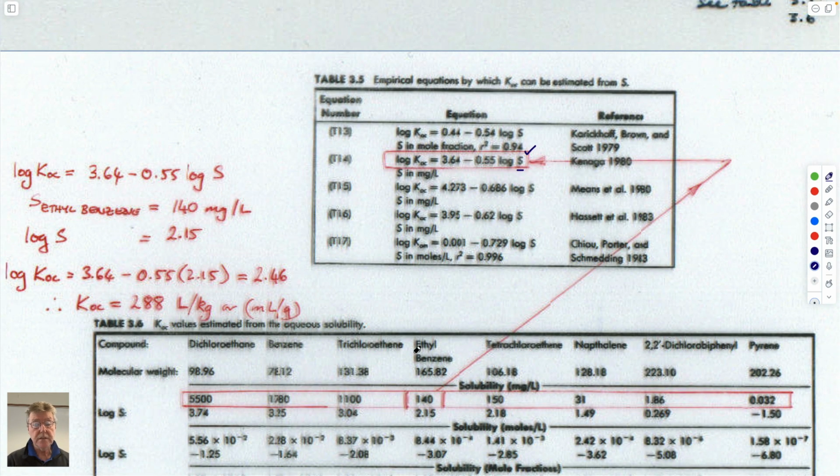So for ethyl benzene, not very clear, but the working is on the left-hand side. I'll switch to red. So you pick an appropriate formula. You know the log solubility. The solubility is equal to 140 milligrams per liter for ethyl benzene.